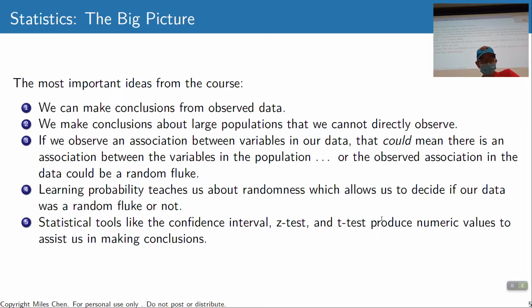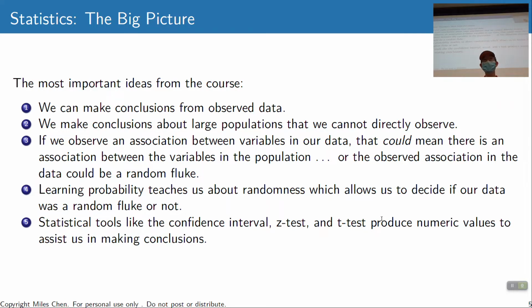The big picture here for the entire course, again, is that we want to be able to make conclusions from data. We want to make conclusions about the population, even though we couldn't observe it directly. And there's always this question that we have in the back of our mind: if we observe some kind of relationship or an association between variables in the data that we've collected and observed, does that mean there is a corresponding relationship or association in the population?